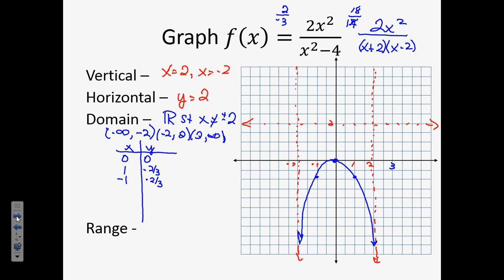Sorry, I don't know where I got 14. So 18/5 is 3 and 3/5. So when we're over here at 3, we're going to be at 3 and 3/5.